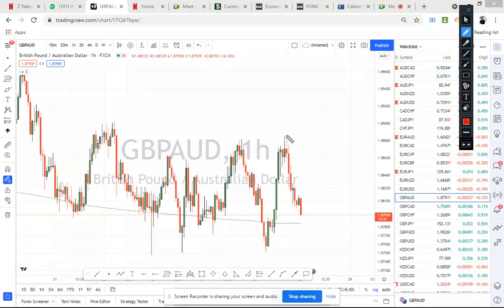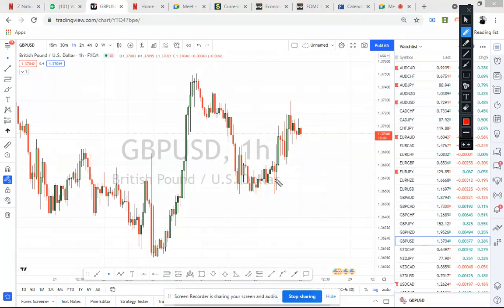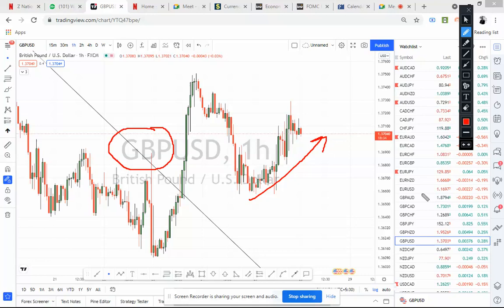Let's say for the past 4 or 5 hours, there was a bearish downtrend. But if you check GBP USD, what is this indicating to us? A bullish trend, right? So both of them have GBP, GBP AUD and GBP USD.